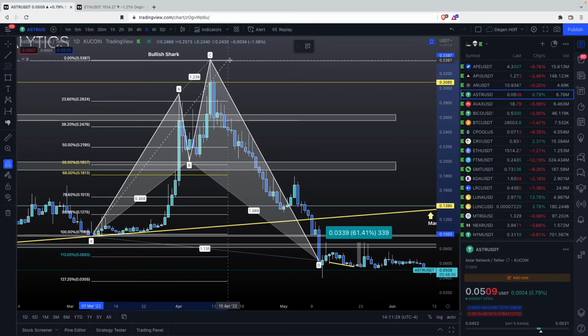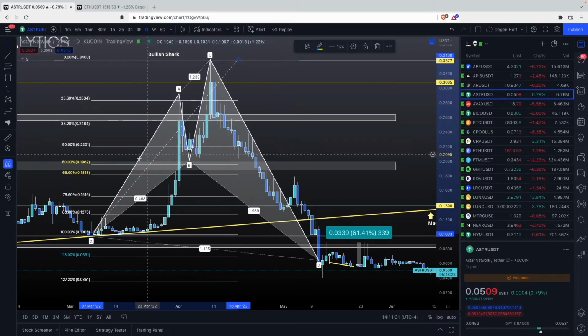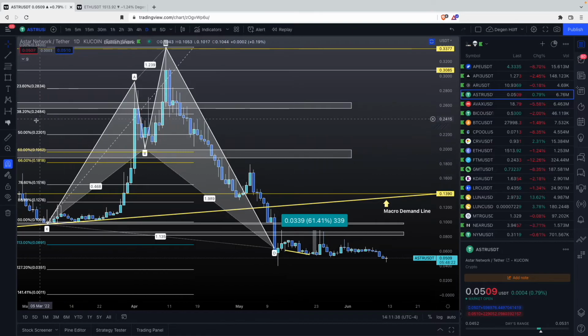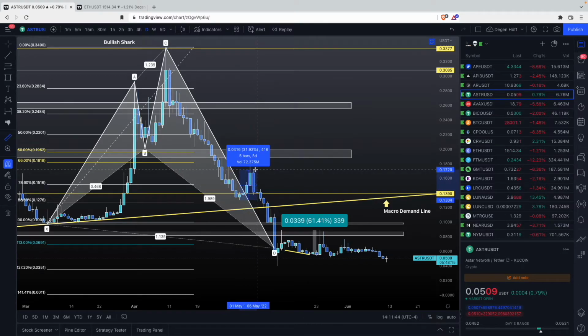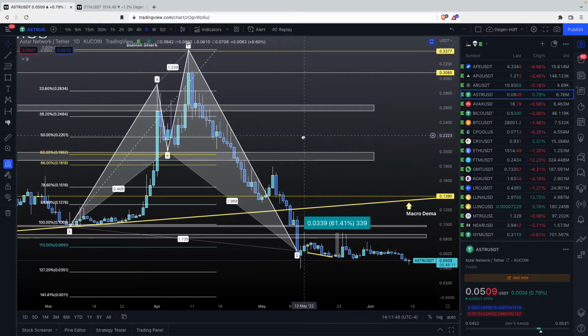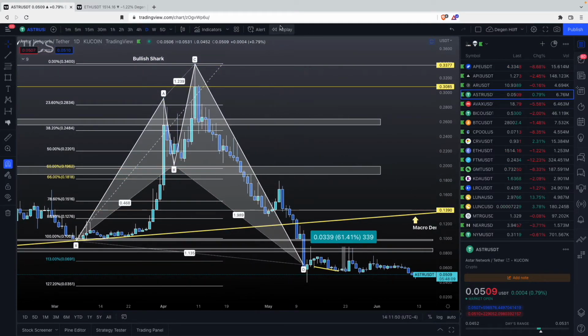From here to here, your 886 is right here, and that's exactly where you got a reaction. I know Rob was trading this and he did really well on the way up. He crushed this one. But here's your 886 reaction, 37%, and then it dies.